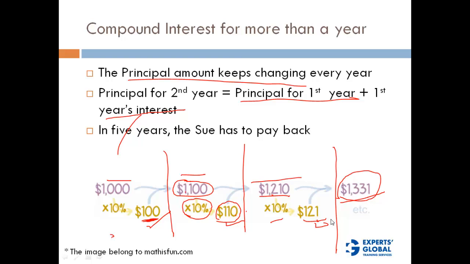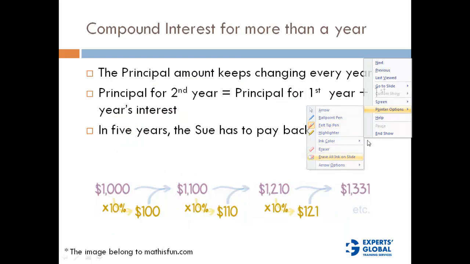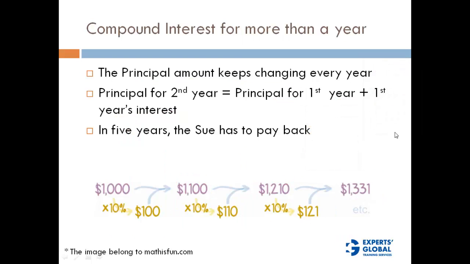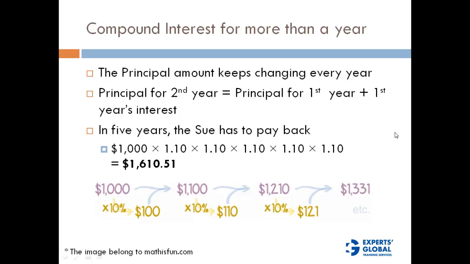So for 5 years, how much will Sue have to pay back? This is where the concept of successive percentages comes in. So for 5 years, for the first year, Sue has to pay back this, for the first year, right?